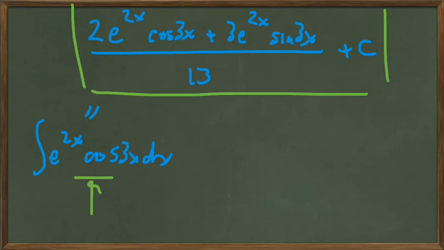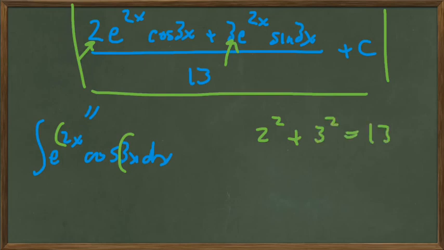It's always the case when we do these problems that whatever coefficient we have here shows up in front of one of these terms, and whatever coefficient we have here shows up in front of the other, and the denominator is always the sum of the squares of those two coefficients, which in this case is 13. These problems are a little bit harder, and there will be some problems like this on the exam, but not all of them will be of this degree of difficulty.